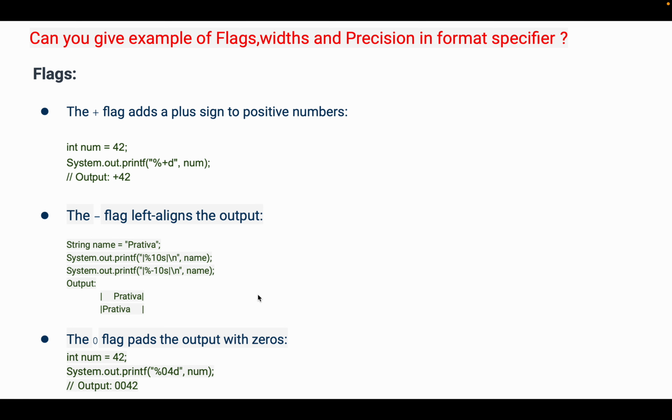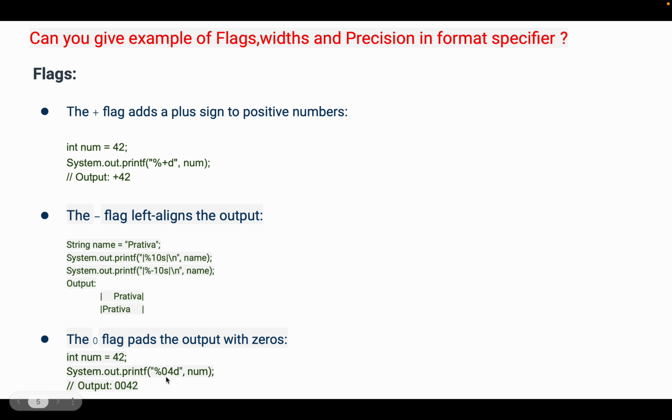Okay, next one, the zero flag. What it does is pad the output with zeros. For example, here num is equal to 42, and we are printing percent 04d. We are saying that whatever the value of the number here, just make it 4 digits. This 4 is the width, as we saw in the previous one, but we have added a 0 in front of it.